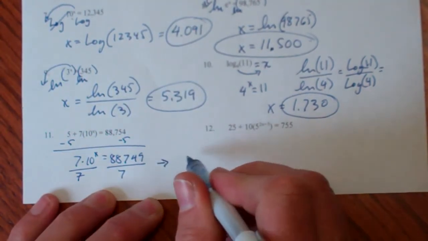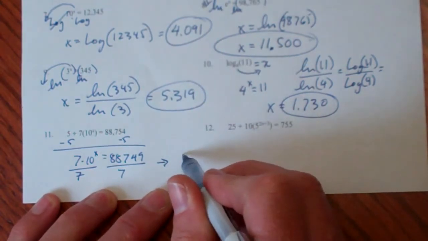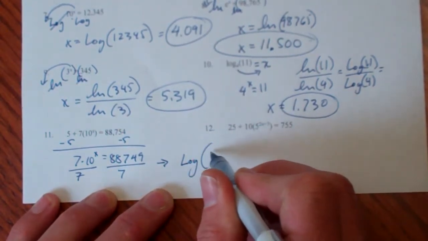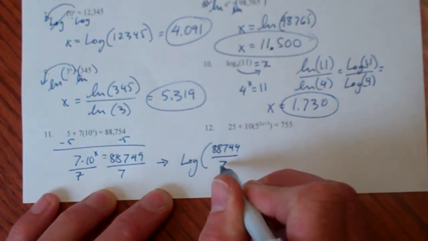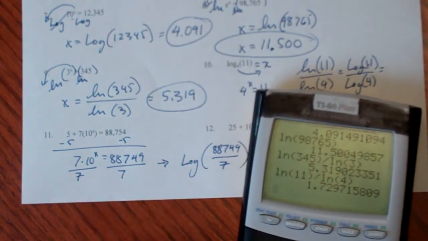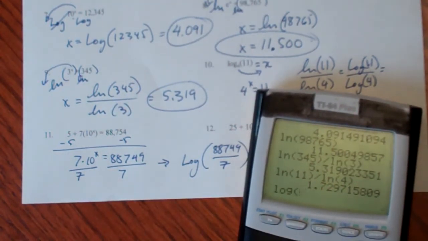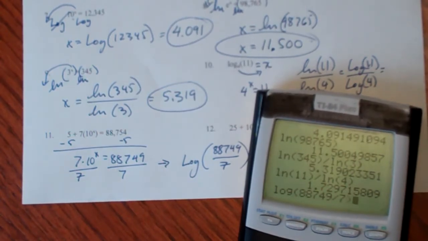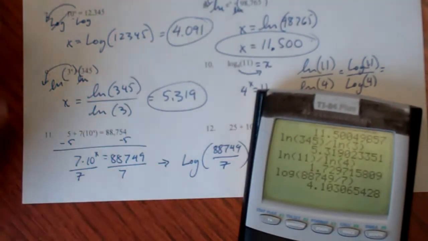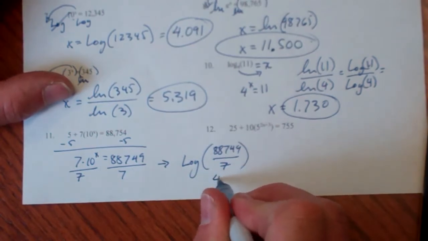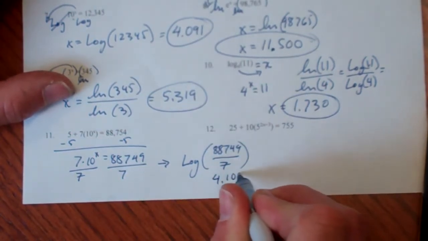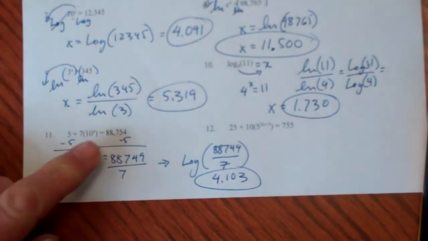So the solution comes from the log of 88749 divided by 7. Alright, so the log of 88749, divided by 7, close parentheses, hit enter, and it's 4.103.